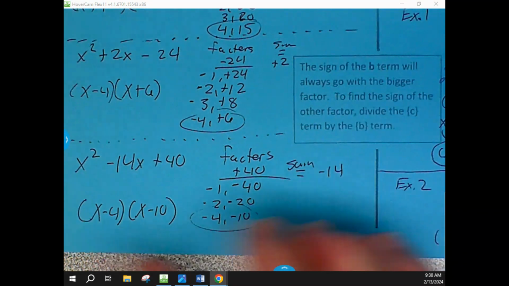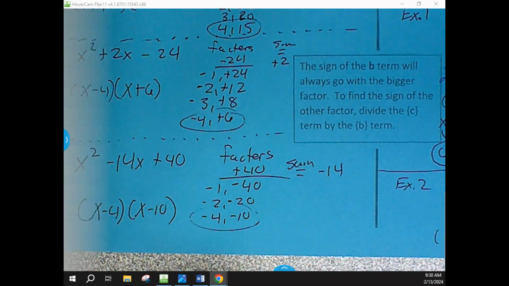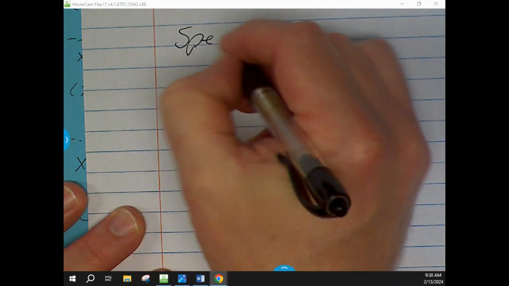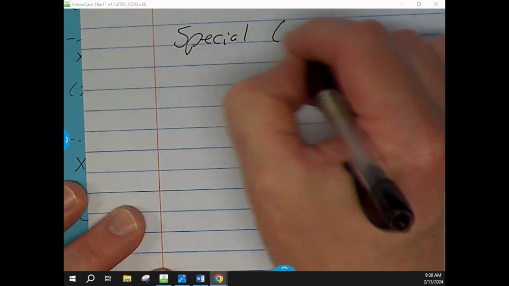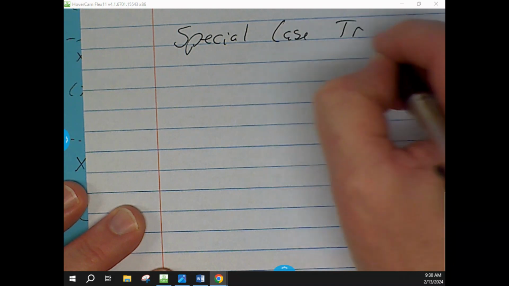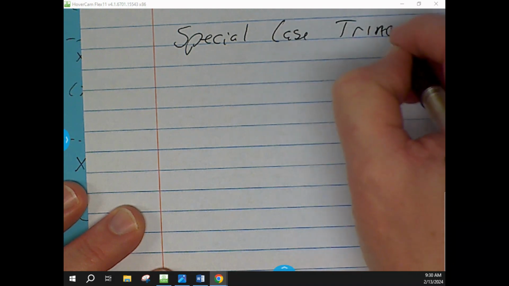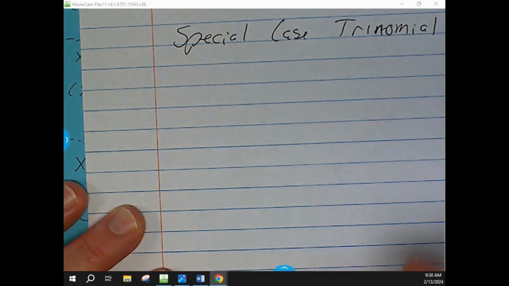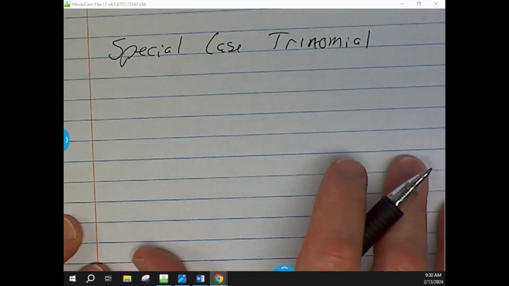And if you want to put this just off to the side somewhere, if we had this extra one back here, even the notes from yesterday where we did this one, there's one more special case for this one. Okay, so this is a special case trinomial.